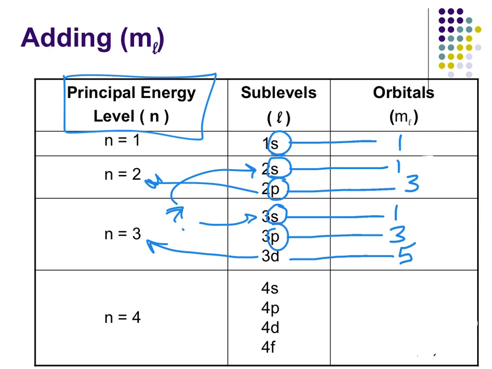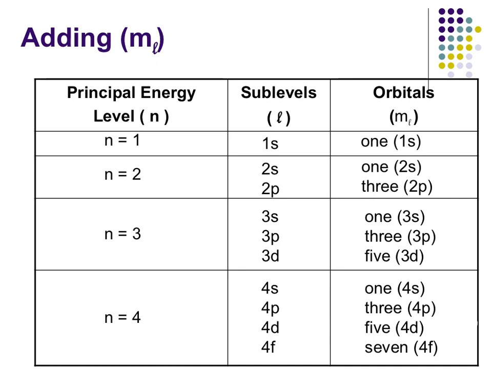Let's see if you can do these orbital counts for energy level 4. How many s orbitals? How many p? How many d? How many f? S always comes as 1, p is 3, d comes as 5. If you remember the pattern, f comes as a set of 7. So to sum this up, the number of orbitals is solely dependent on the shape.